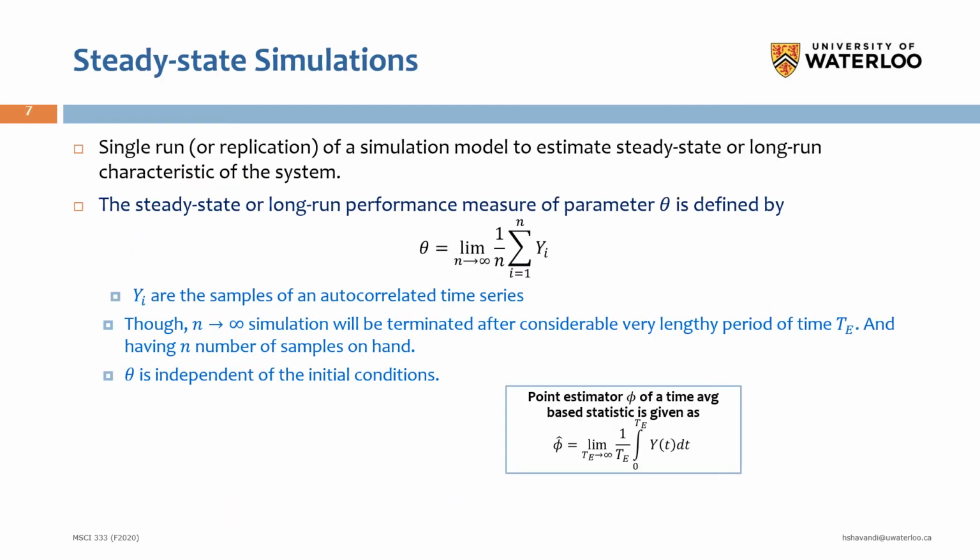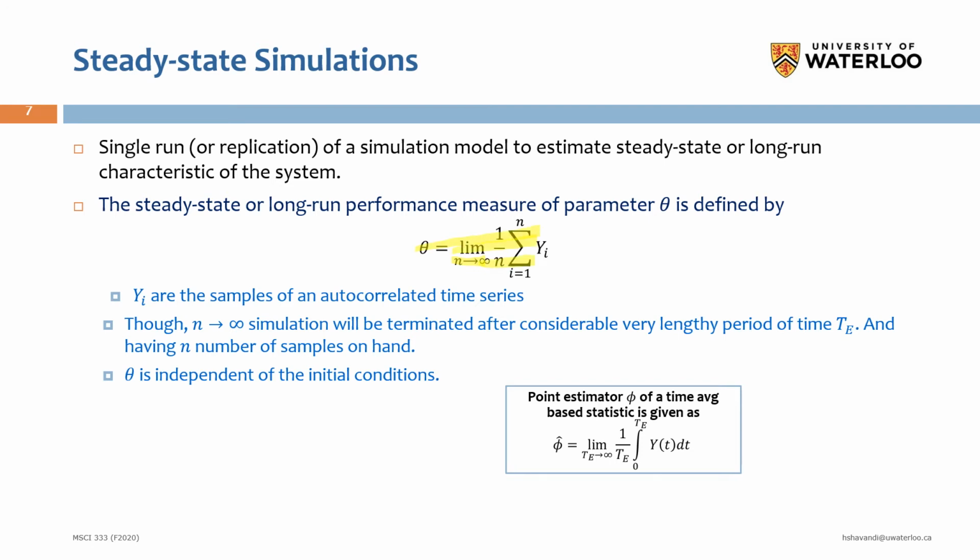Steady state simulations. In steady state simulations, we have a single run or replication, but it goes for a very long period of time. Since it's running for a very long period of time, we assume that n approaches infinity. So theta here will be estimated by this equation.